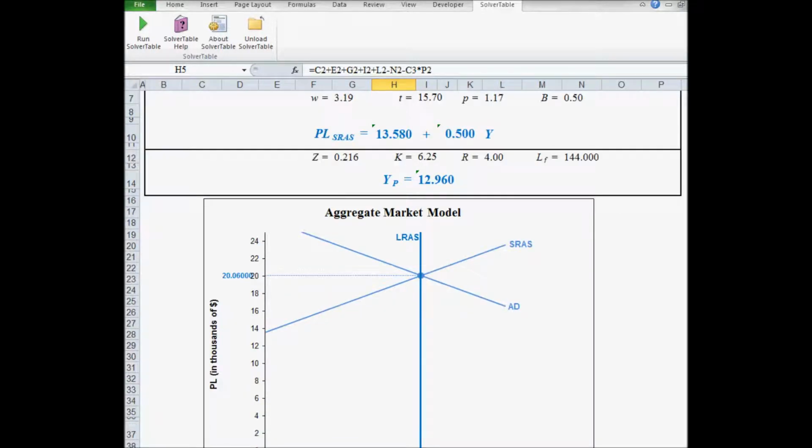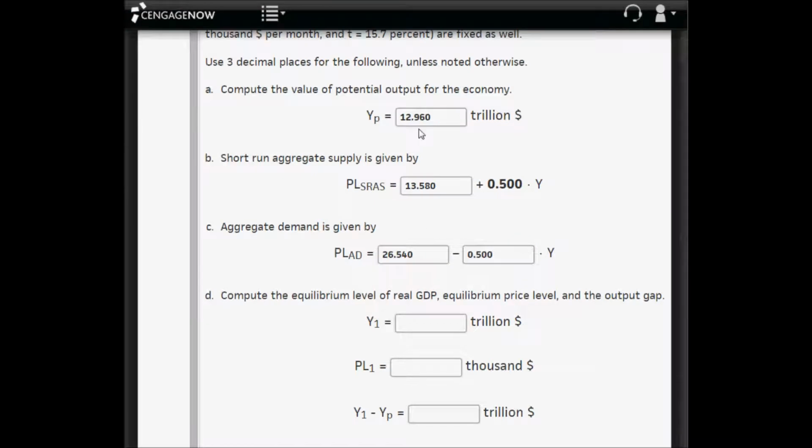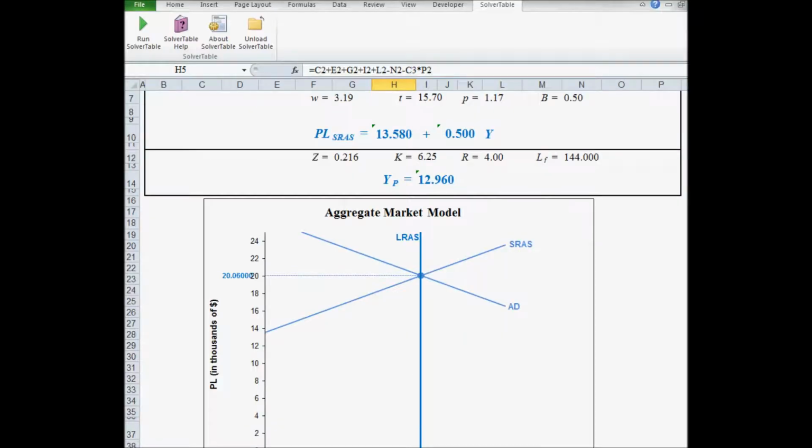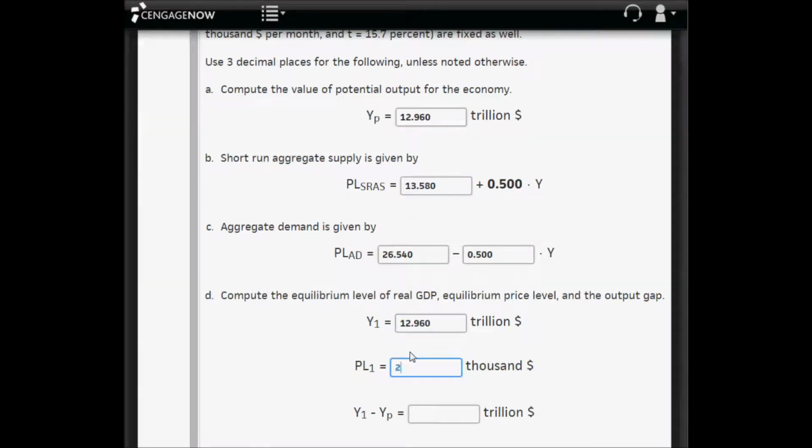So equilibrium GDP is equal to 12.96, which is potential GDP. When I plug 12.96 into either the supply curve or the demand curve, the price level is 20.060.